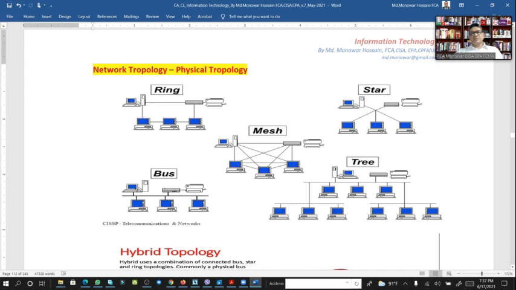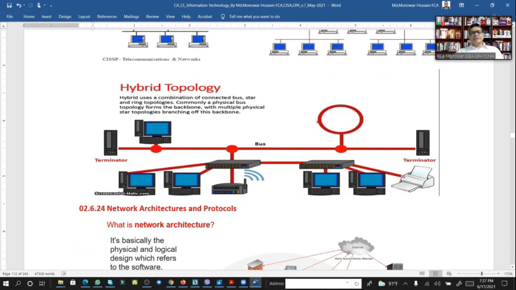And ring topology, mesh topology, bus topology, here tree topology. And sometimes hybrid topology. Hybrid is a combination of more than one. Sometimes here bus topology, tree topology, etc. Combining them within one topology is the hybrid topology.